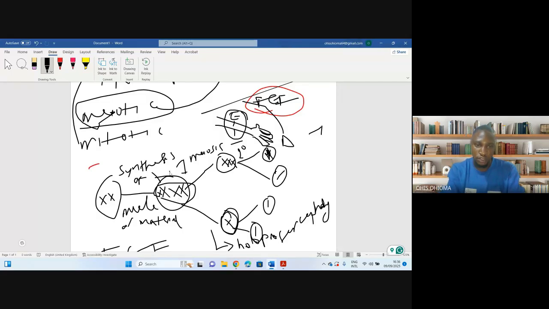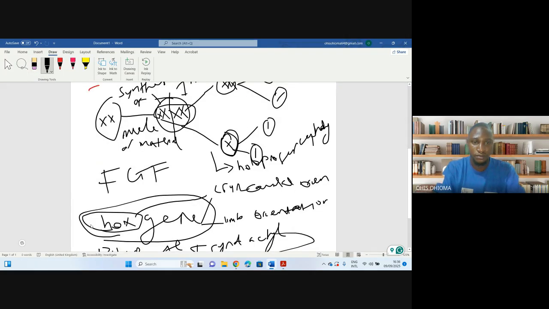The cells are supposed to separate into two so that you can have equal 2 here. What happens in non-disjunction, which is the primary pathophysiology of sex disorders, is that instead of having that, this is what you have.